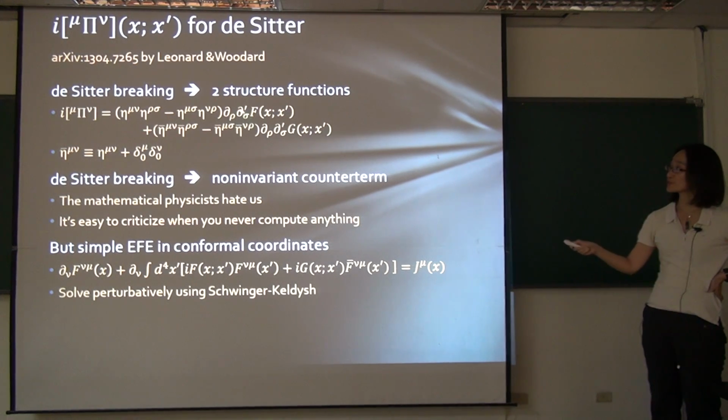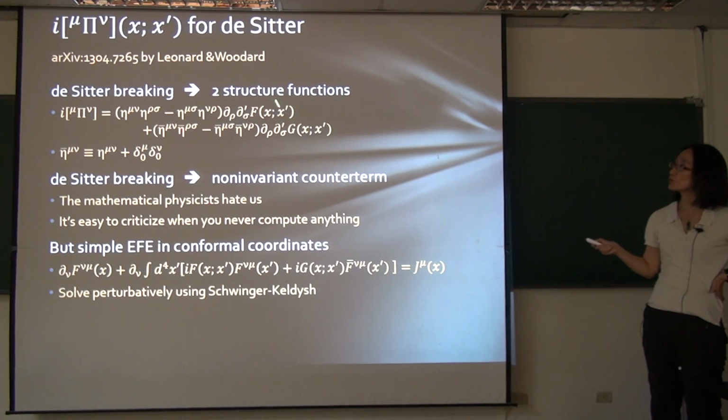Even if you have a de Sitter representation, F and G we call structure functions. Even if you have a very complicated de Sitter invariant representation in front of it, when these things act on the structure functions they still have a de Sitter breaking piece.